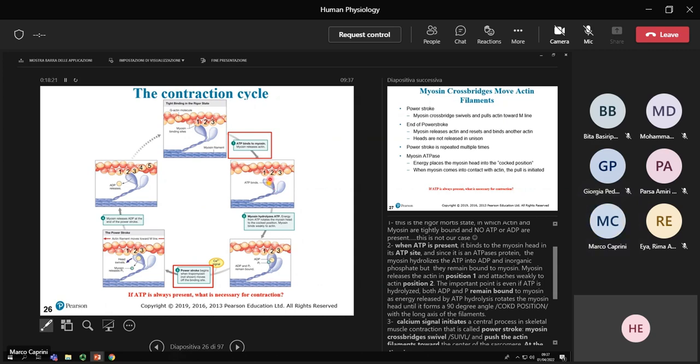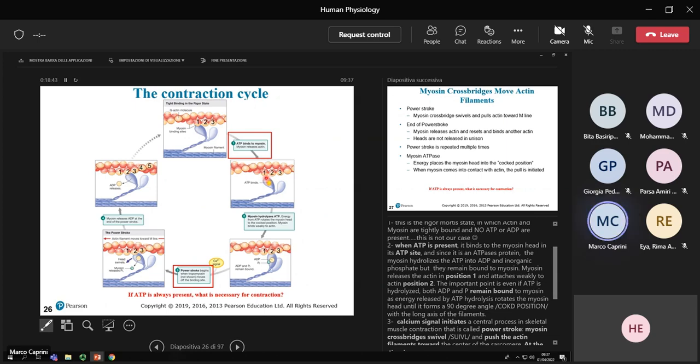After the attachment of the ATP to myosin, the myosin releases the actin. You can see here.